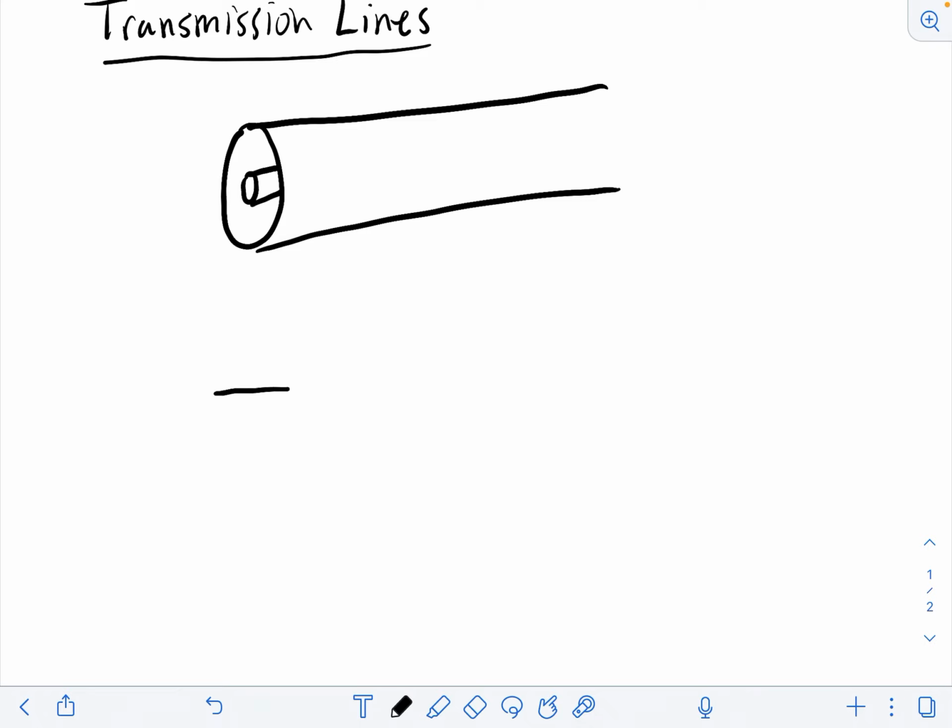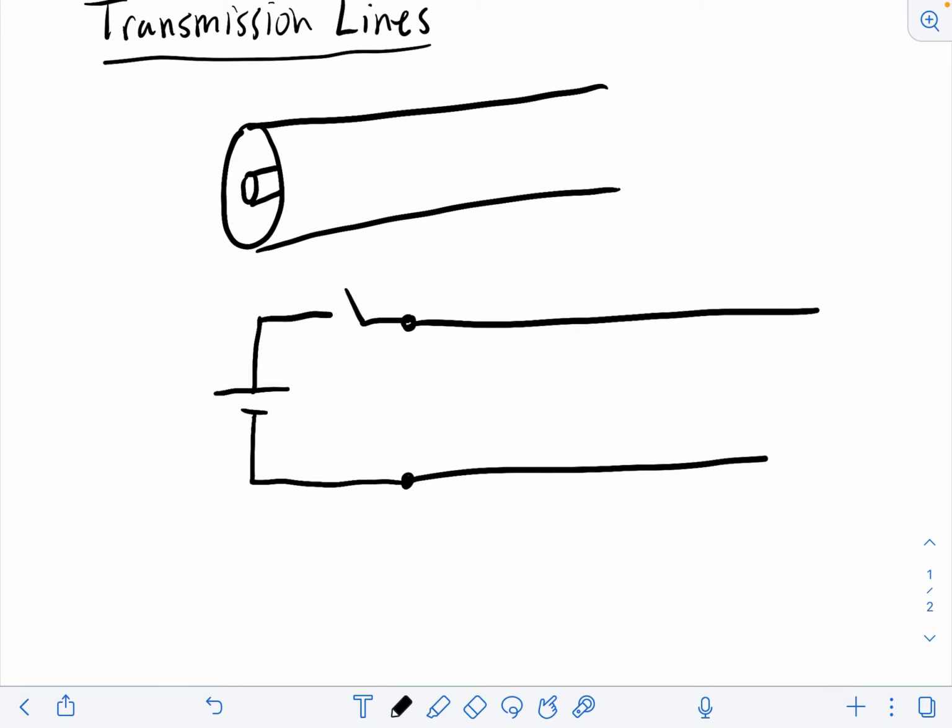So we're going to imagine perhaps a voltage source and then a switch, and then we're going to connect them to a set of parallel conductors. These conductors will have some length L. And what we're going to try to do is understand some of the properties of transmission lines in general.